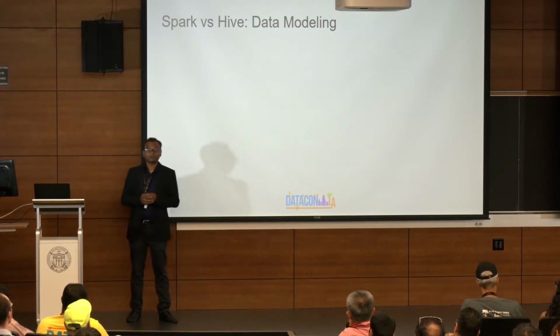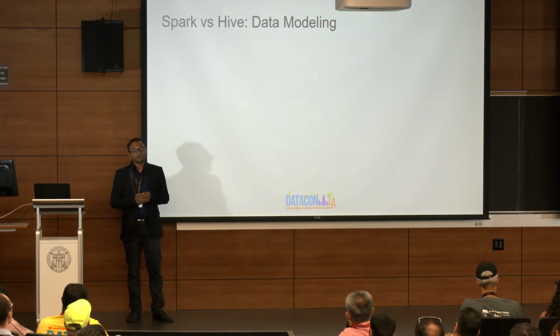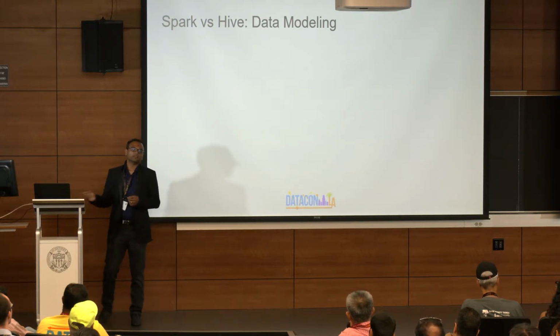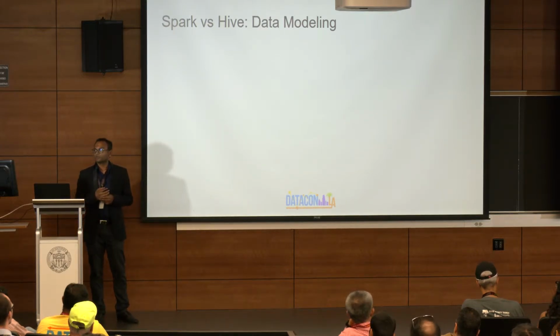But when Spark was born, there were a bunch of different benchmark analyses that Databricks, Facebook, Yahoo, everyone performed, and they provided all those results showing how much faster Spark is when compared with Hive.